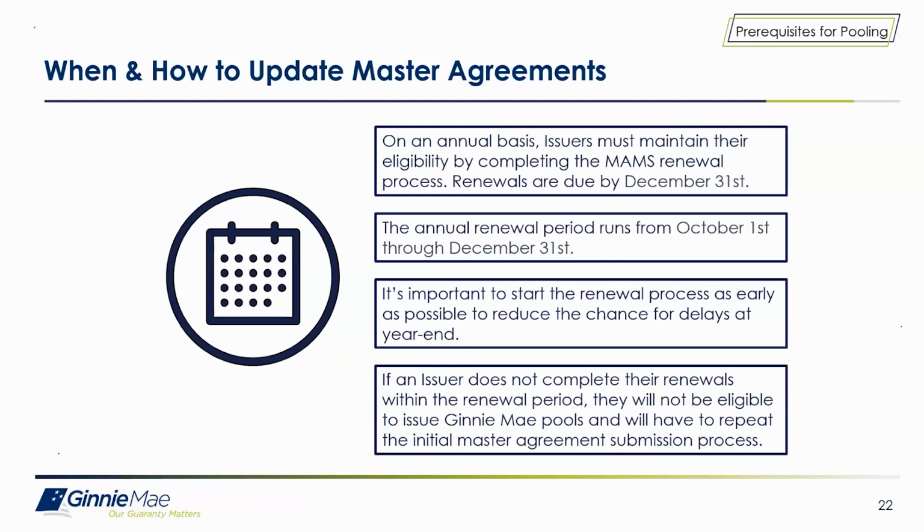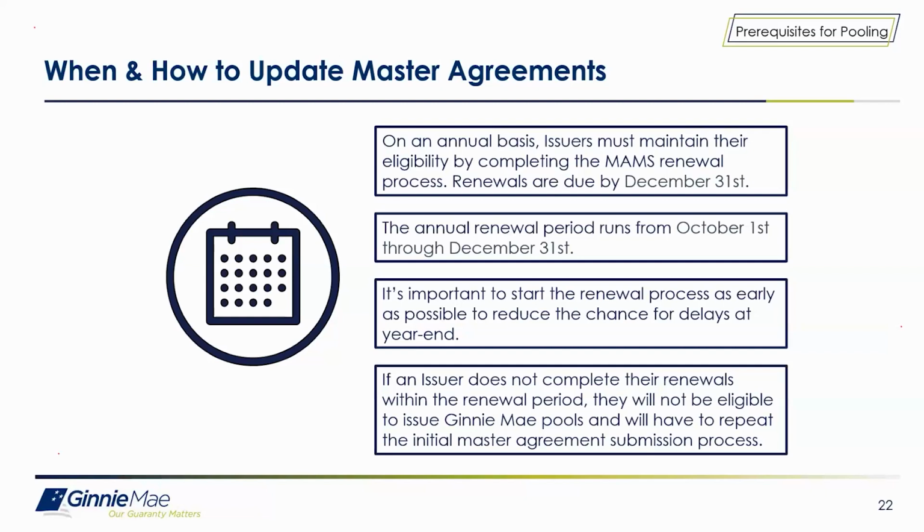Can you imagine if you wanted to do a renewal? You're going to be using the same accounts for 2025, but it was not completed by December 31st. You know what happens? Ginnie Mae does not allow you to do the renewal on January 3rd. So you will have to go in and put all these documents in the initial stage again and go through the process.